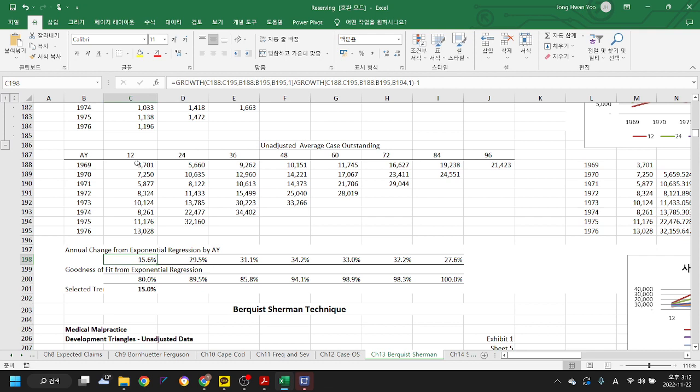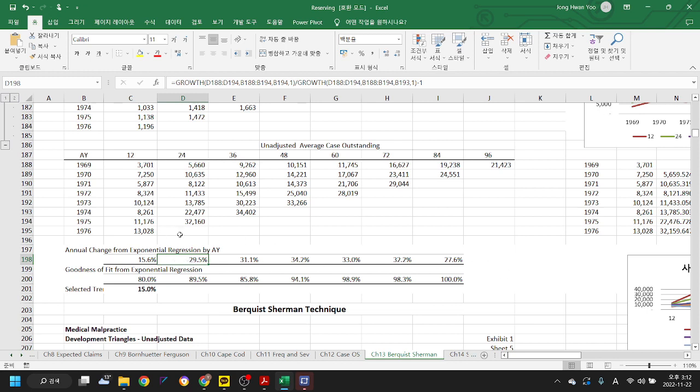So in here, first development period, there is a 15.6% trend. And second development, 29.5. So the number of elements gets reduced by one, right? 31.1%, 34.2%, which is quite a lot.